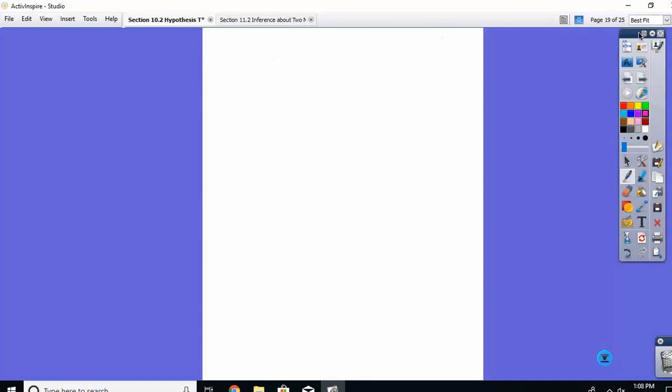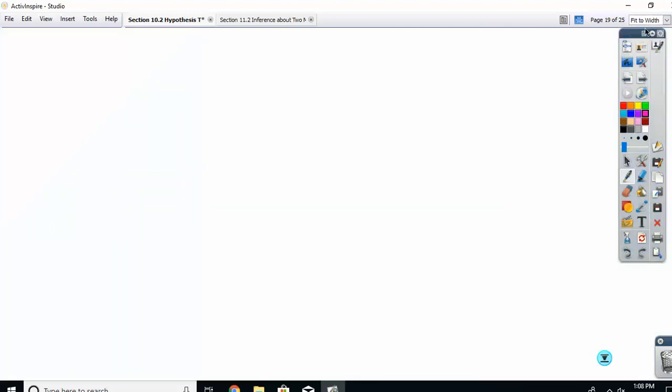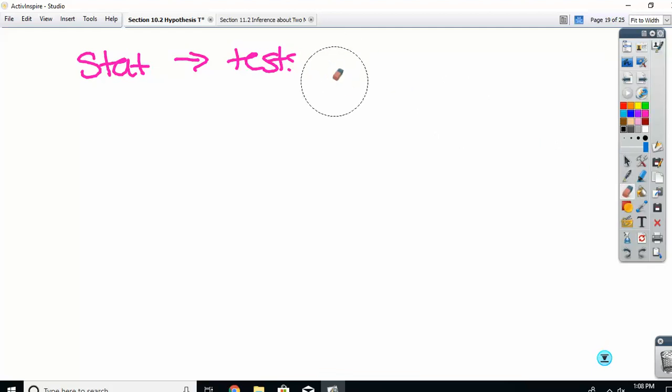So, on your calculator, if I wanted to look at example 1, you are going to go to Stat, Tests, and we are looking at number 5, the one proportion z-test.